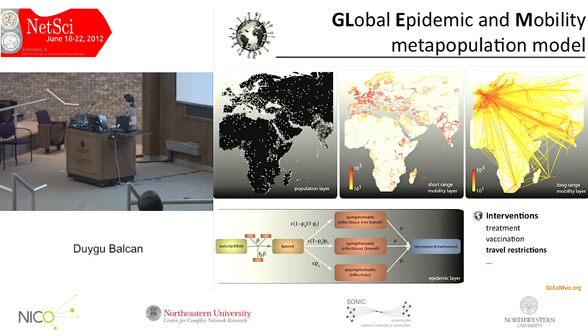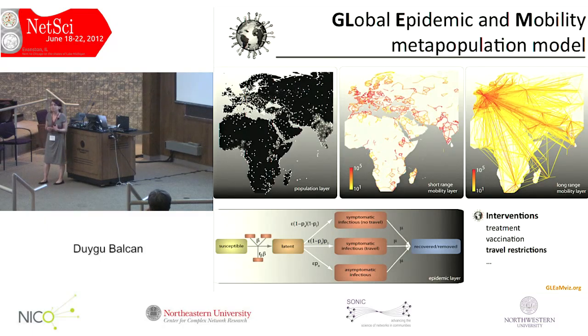So we have a complete set of commuting networks all over the world. The second mobility network is given by air travels of individuals, for which we have the number of seats available on each direct connection among more than 3,400 airports.